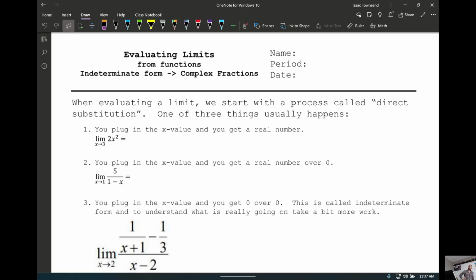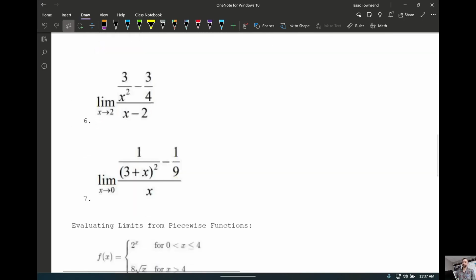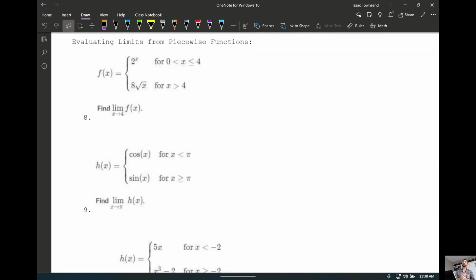Day one we did factoring only, and then last class we dealt with two other ways to deal with 0 over 0, which were conjugates and trig identities. Today we are going to move forward with one other way, and that's complex fractions and how to reduce those so that we can do the same thing we've been doing. And then we'll practice these types of questions reading piecewise functions.